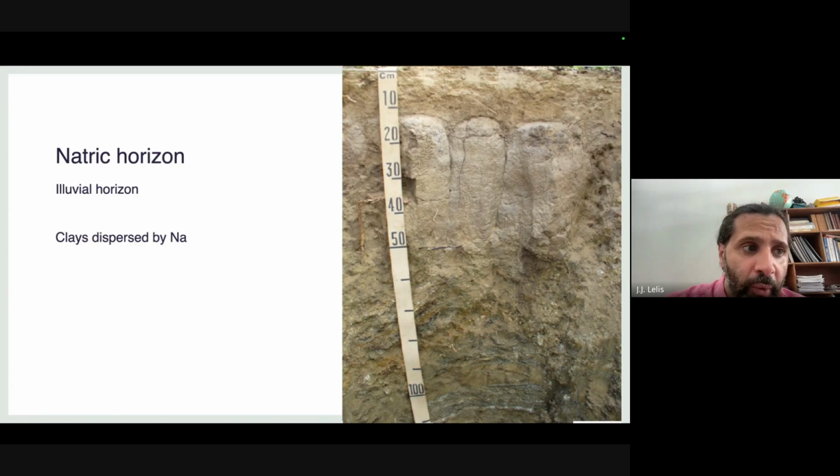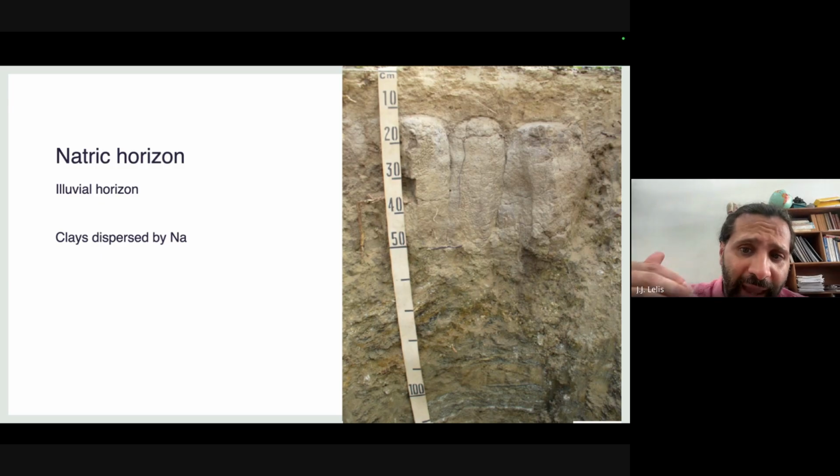I put a lot of effort on the variation of water percolation through these horizons, because it's much more common that you register very high values of water conductivity through the A or E horizons, the surface horizons.